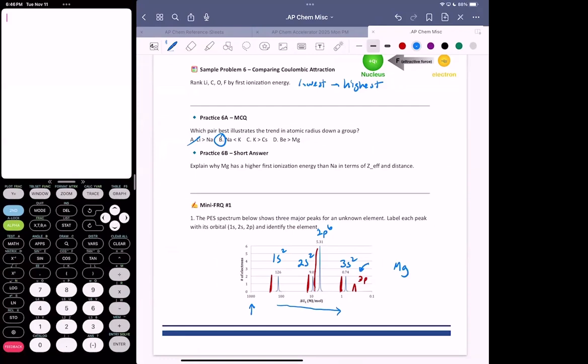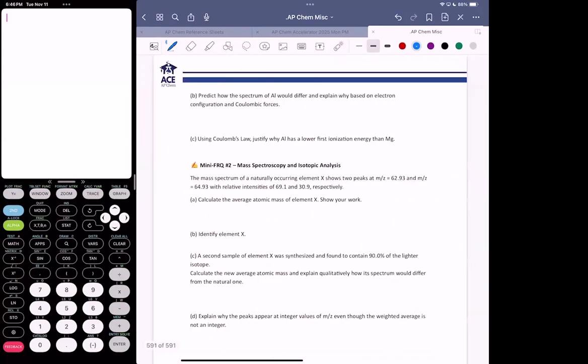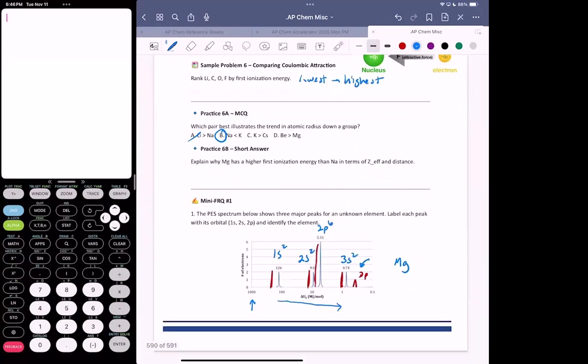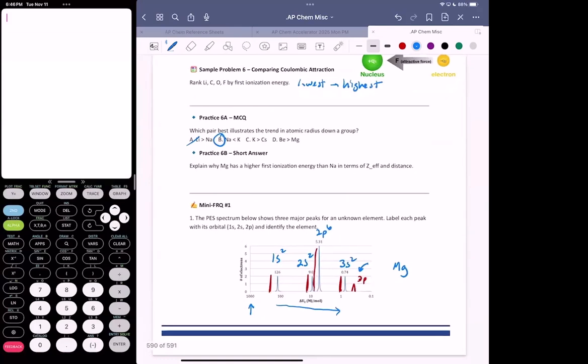Why would that be? If I were to use Coulomb's law, again, I'm going to take it at face value that AP Chem is not going to tell me something wrong. So I have to figure out why. Just using Coulomb's law, I'm going to say that the 3p electron is further from the nucleus than the 3s electron.